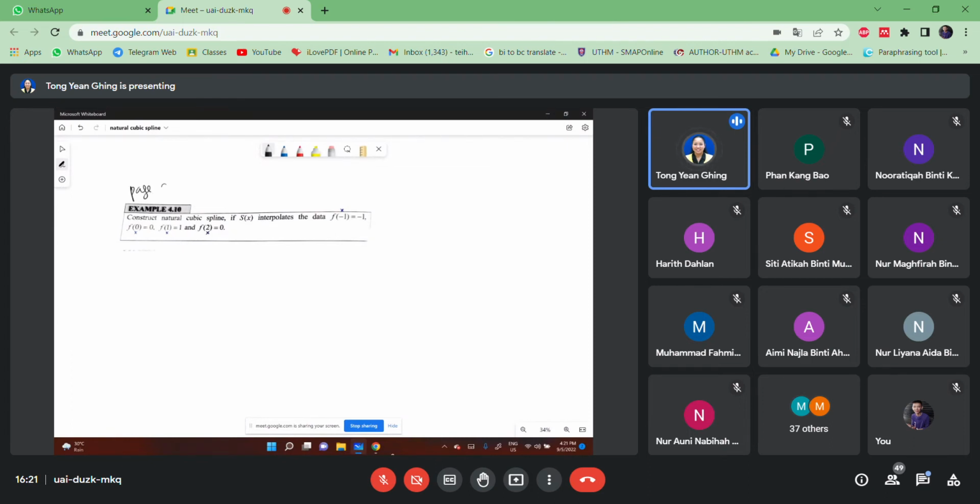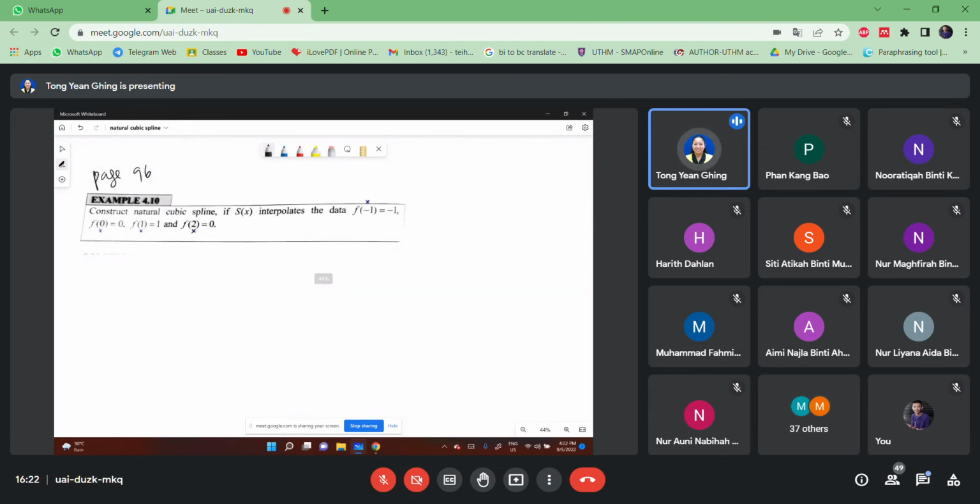Page 96. Okay. You are asked to construct a natural cubic spline S(x) that interpolates the data f(-1) equal to -1, f(0) equal to 0, f(1) equal to 1, and f(2) equal to 2. Okay, so this is basically the data points. So here we got 1 data point, 2 data points, 3 data points, and 4 data points.